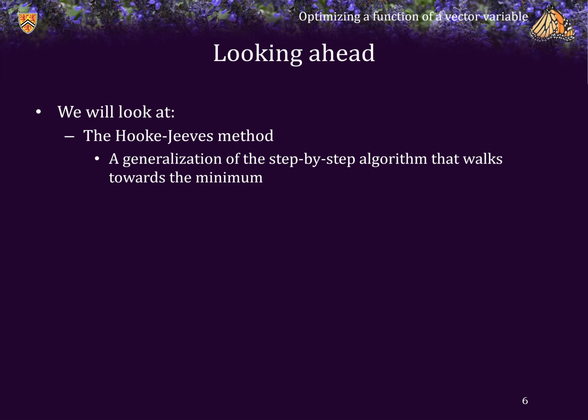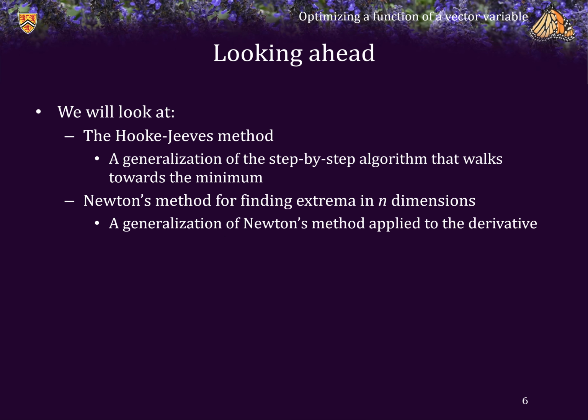However, this will now do that in n dimensions. We'll then look at Newton's method for finding extrema in n dimensions. And once again, this is going to be a generalization of using Newton's method applied to the derivative to find an extremum of a function of one variable.